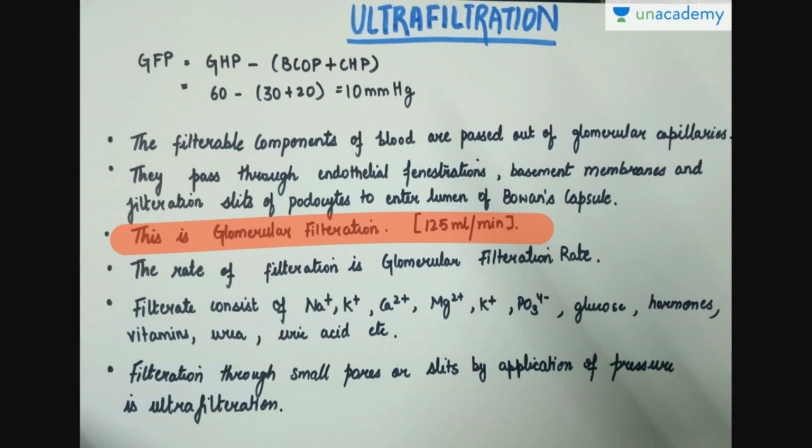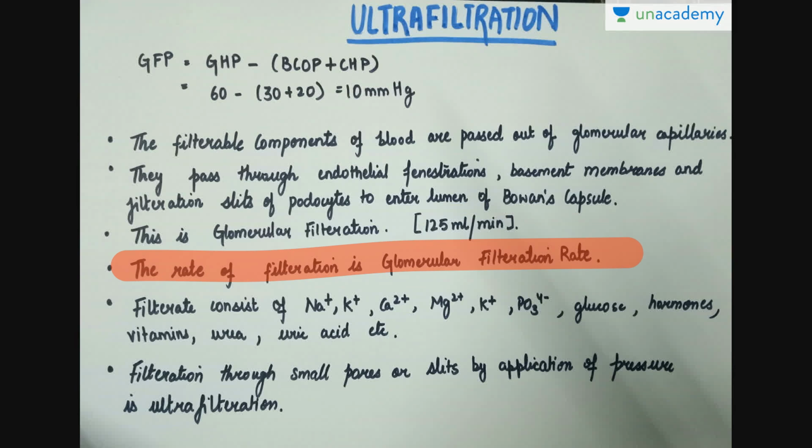This process is the glomerular filtration, and the glomerular filtration rate is 125 ml of filtrate passing through the capsule per minute.